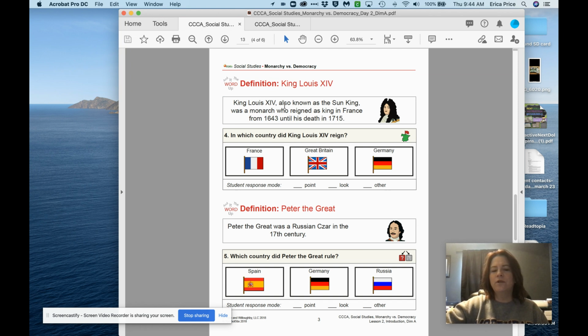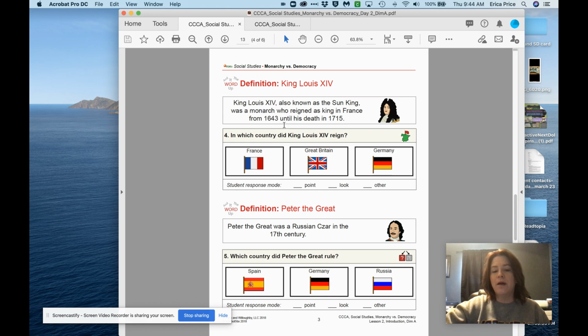King Louis the 14th, also known as the Sun King, was a monarch who reigned as king in France from the year 1643 until his death in 1715. That's a pretty long time. So King Louis was also called the Sun King.